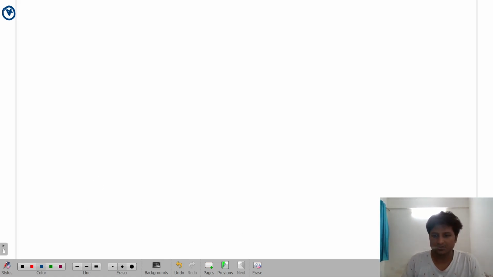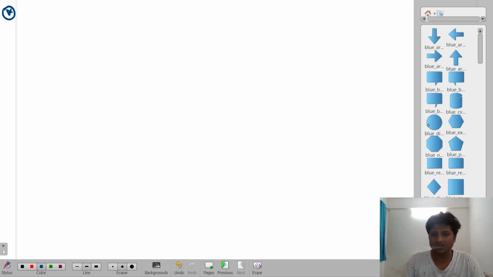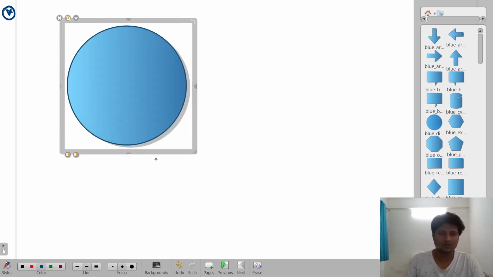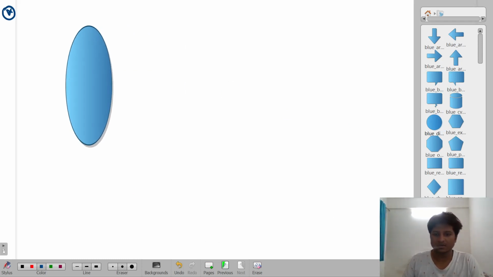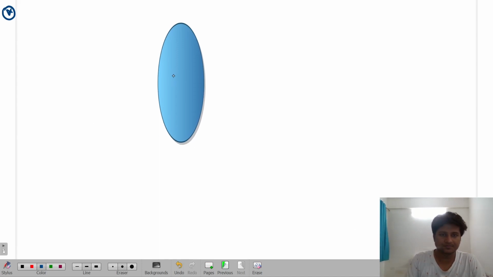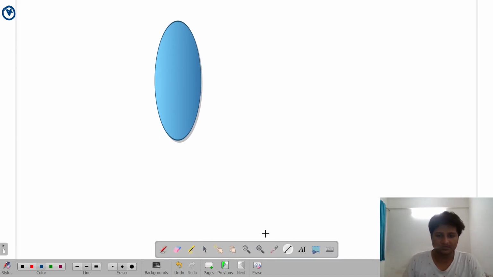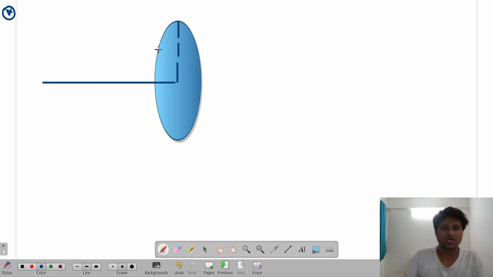Okay, so see, there is a ring, right or not? And on the axis of ring, I'm placing some charge. I'm placing some charge on the particular axis of ring, and the ring has a radius r, right or not?